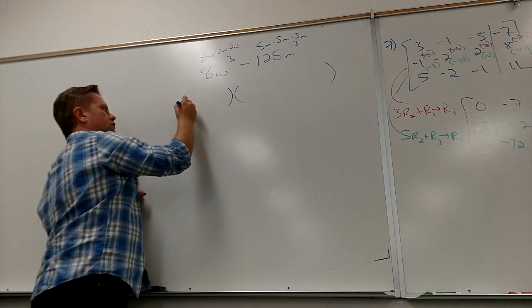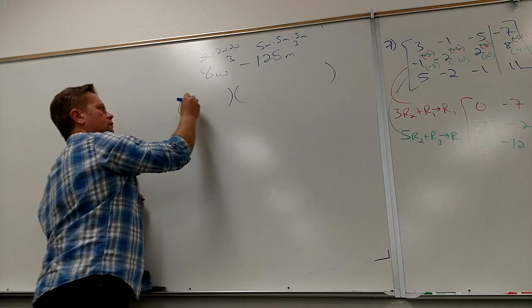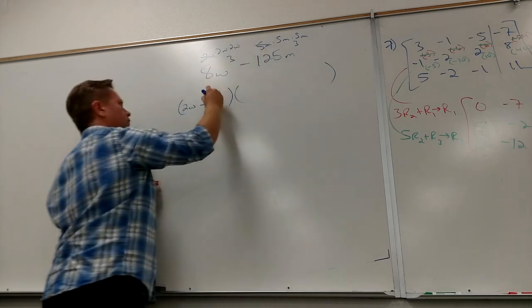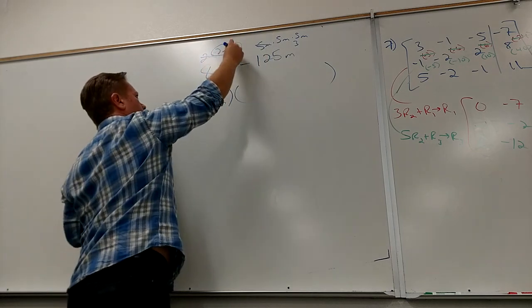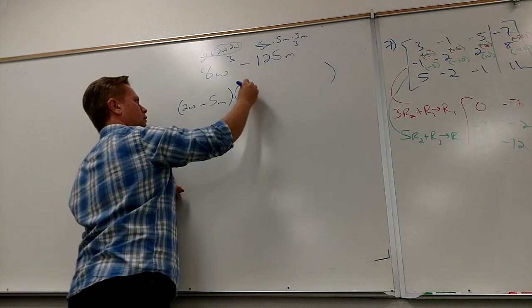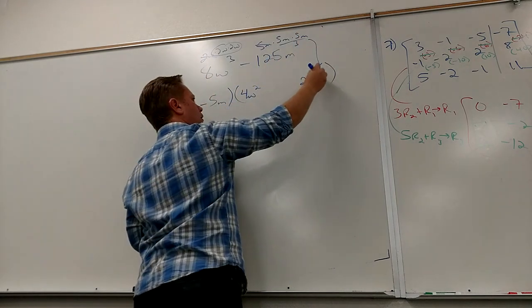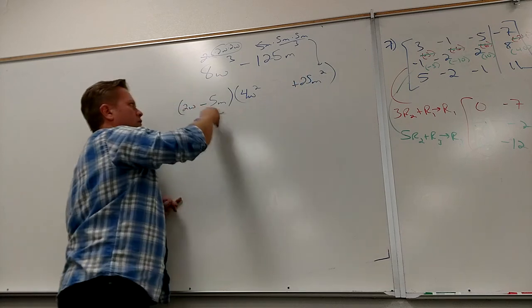So the little dude goes 2w. Good. 5m. Then 4w squared, always positive.